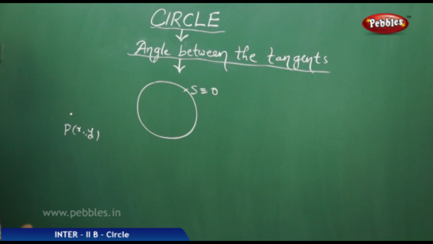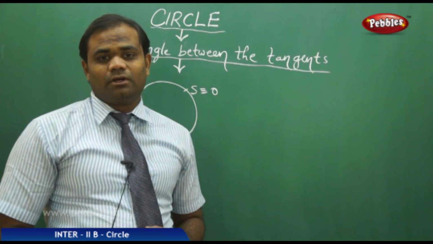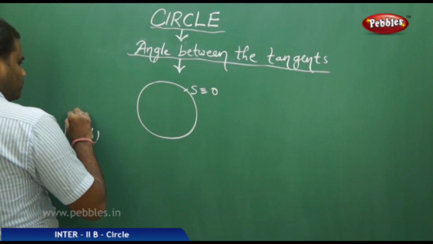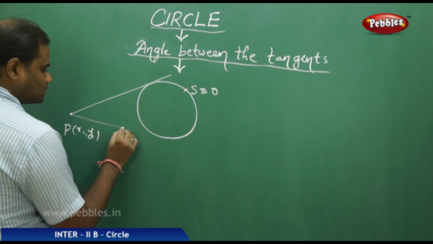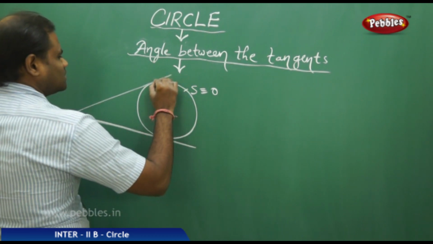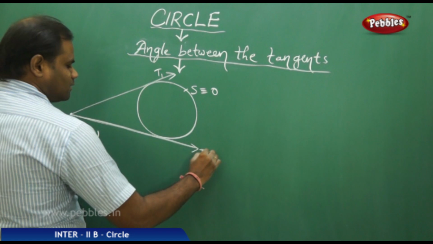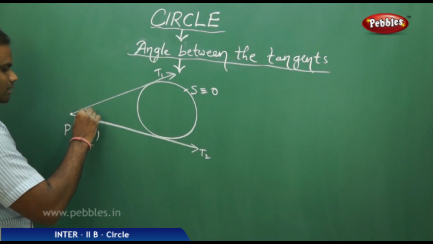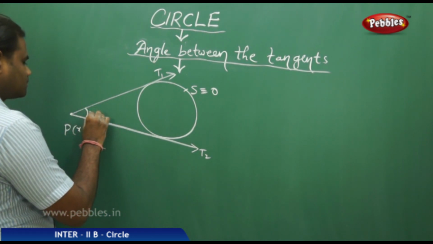Then from this external point, we have already discussed that there are two tangents which can be drawn from a point outside the circle. Therefore, the two tangents are T1 and T2, which give the angle. So this angle can be formed using the relation.